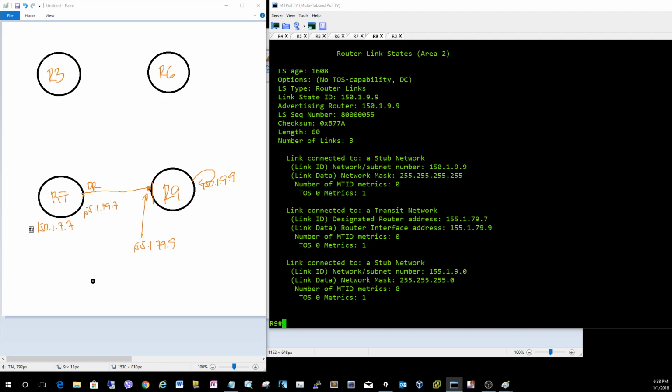Again, we're staying put on router 9. All we have to do is show IP OSPF database network, and the IP address we're going to put in here would be the designated router address, which is this guy right here.